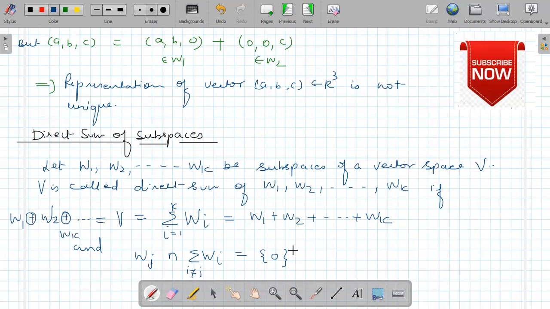Okay, so we have one condition which is the same as in the definition of sum of subspaces, and the second condition is this.